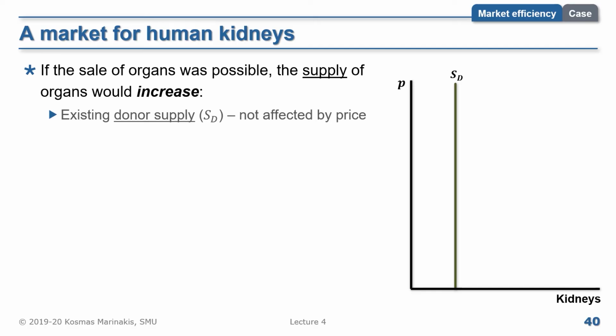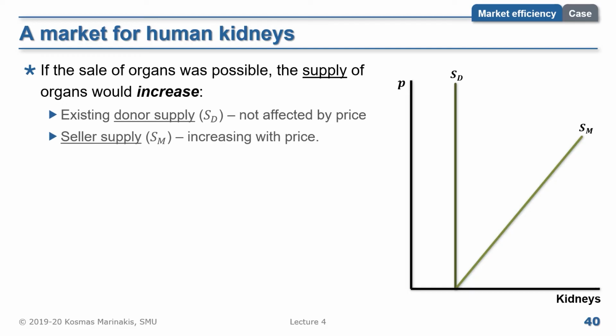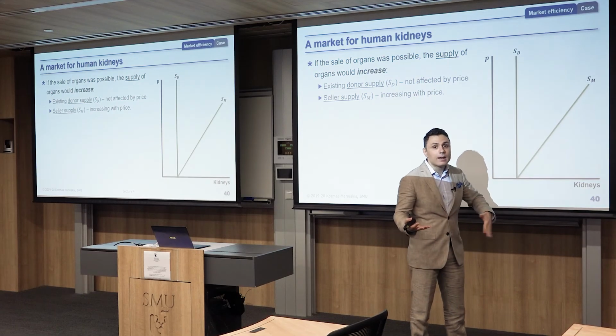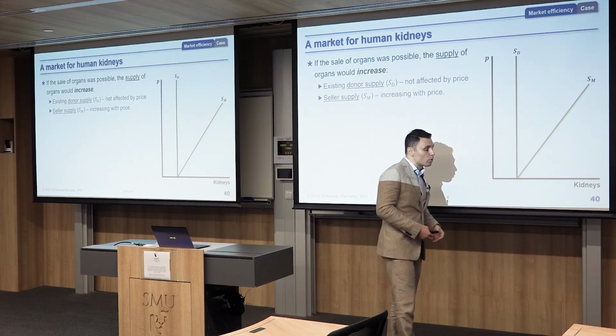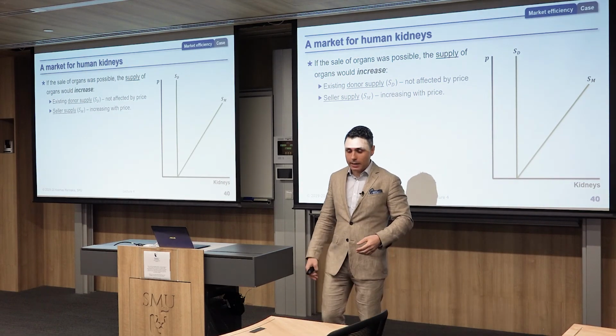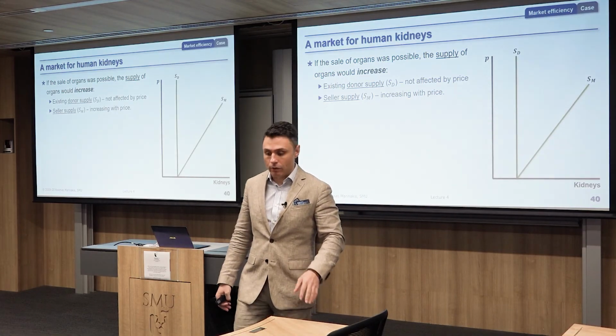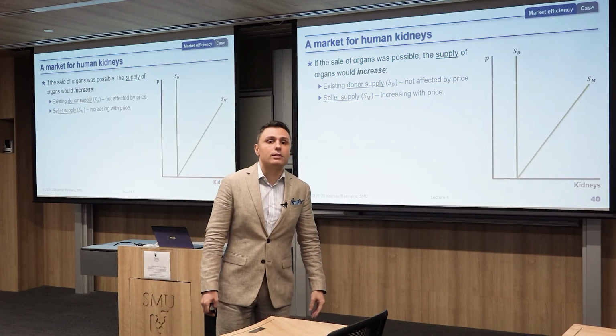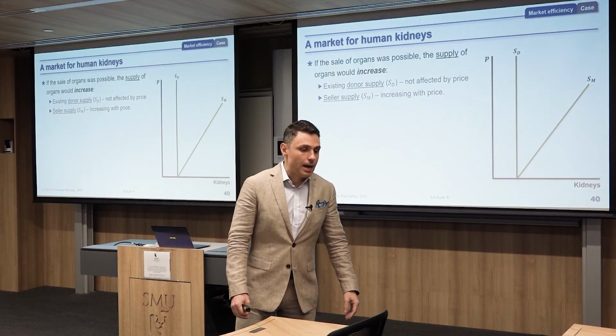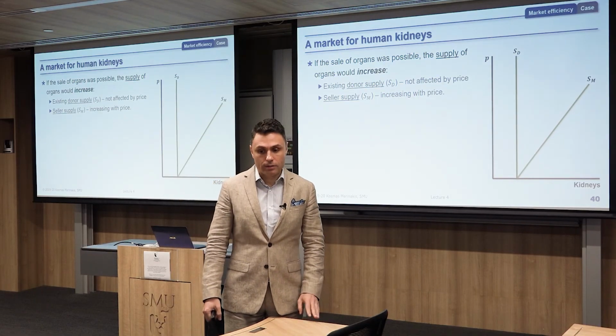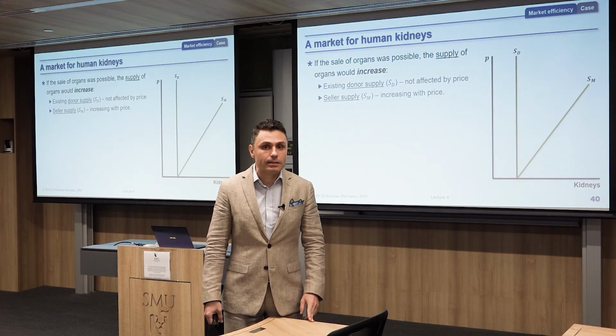SD is supply from donors. And then you will have a supply from the sellers, SM. So the sellers will start offering kidneys, not the same seller, but different sellers will start offering more kidneys in the market as the price goes up. For example, if the price is $40,000 for a kidney, then I would not think about donating.